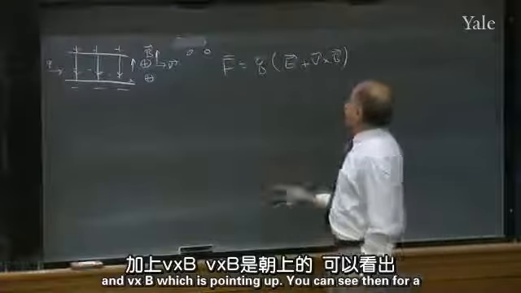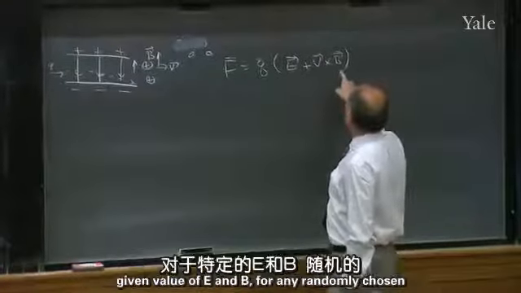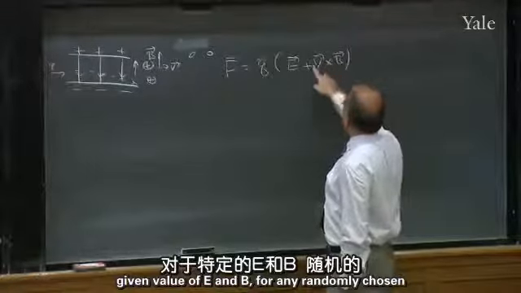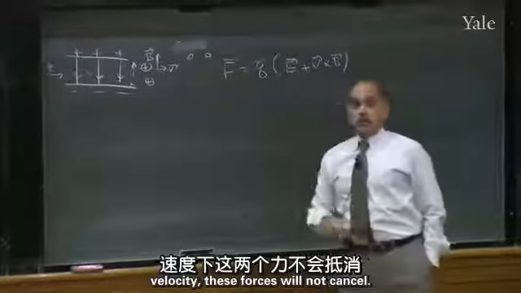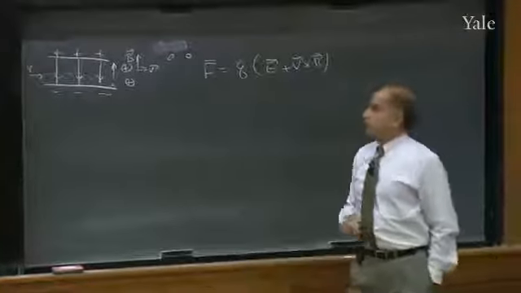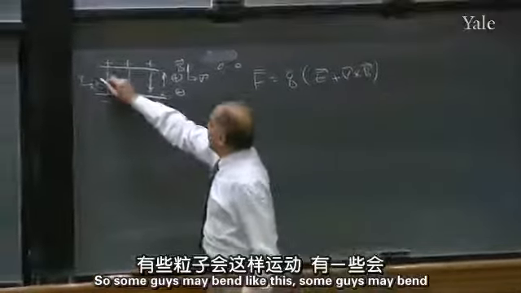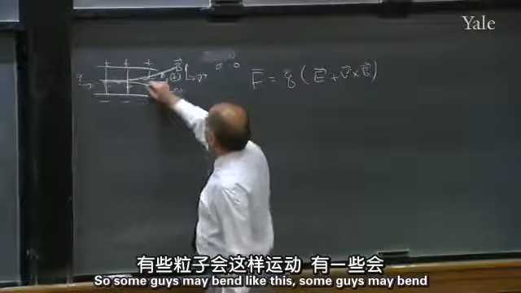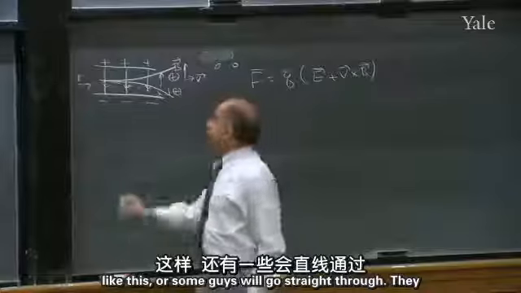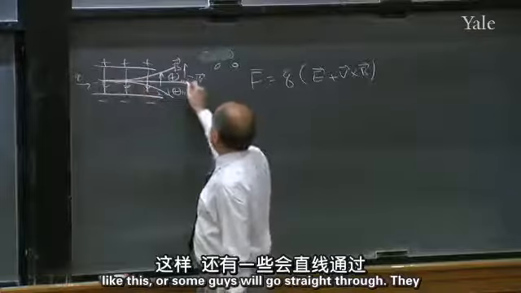You can see then, for a given value of E and B, for any randomly chosen velocity, these forces will not cancel. So some guys may bend like this, some guys may bend like this. But some guys will go straight through.